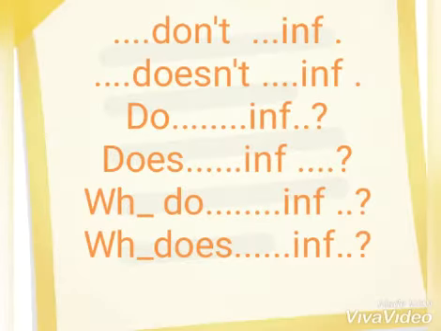يبقى لما نعمل نحط negative don't or doesn't بعدها بيجي infinitive فعل في المصدر. Do or does verb في الانفينيتيف. WH do, WH does برضو بعدها بيجي verb في الانفينيتيف. يبقى don't play, doesn't play, all these are examples of how to make negative or yes/no questions or WH questions.